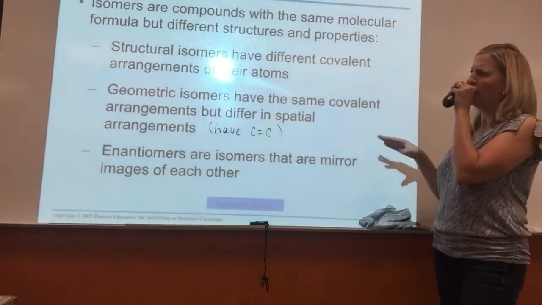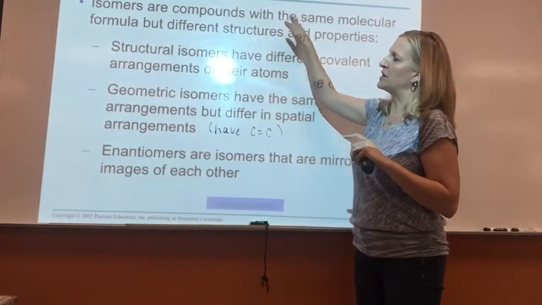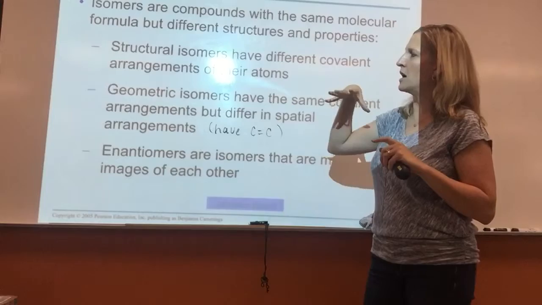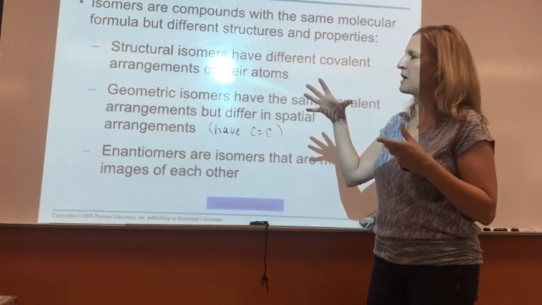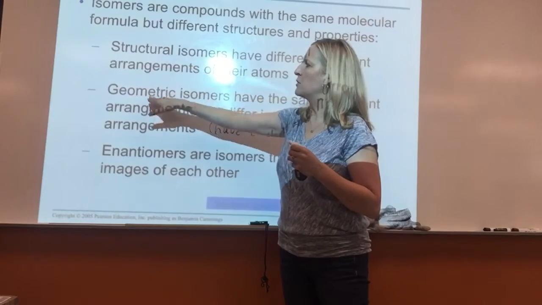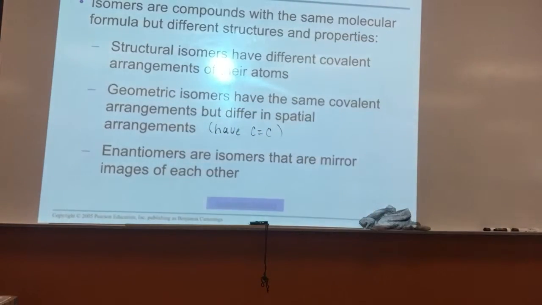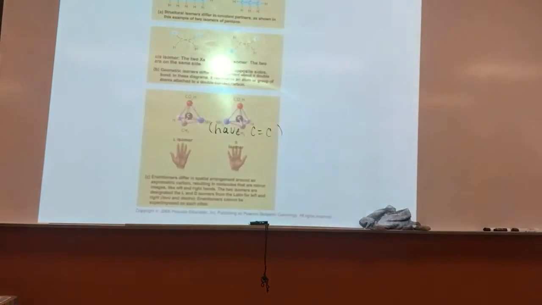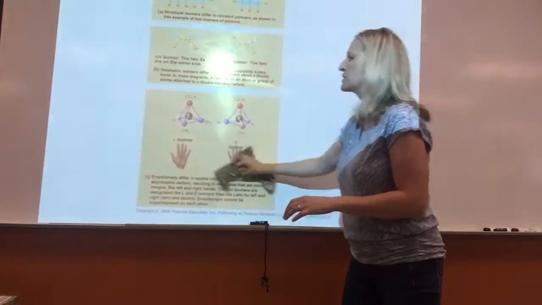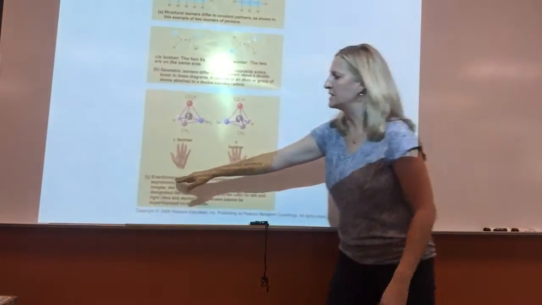And for the test, you just need to know what an isomer is. So I am not going to ask you on a test, I won't give you a picture of a molecule, so molecules, and you won't have to tell me what kind of isomer that they are, just that they are isomers. So when we look at, for example, this shows you 3 pairs of isomers, structural, geometric, and enantiomers.